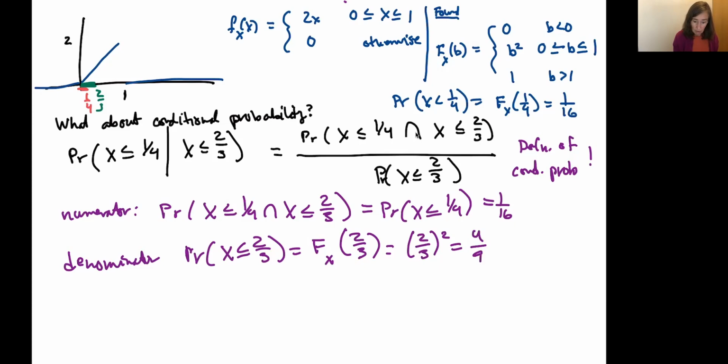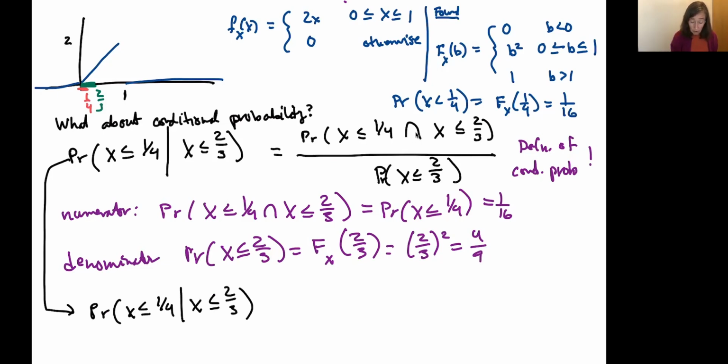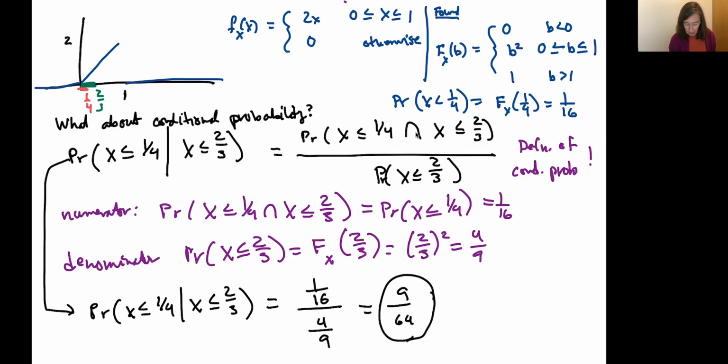Okay, so going back to what we're looking for here, the probability that X is less than or equal to 1/4, conditional on X being less than or equal to 2/3, is 1/16 divided by 4/9. That is 9/64. It's 9/16 times 4 is 64, and that is indeed consistent with our intuition. That is a bigger number than the unconditional probability.